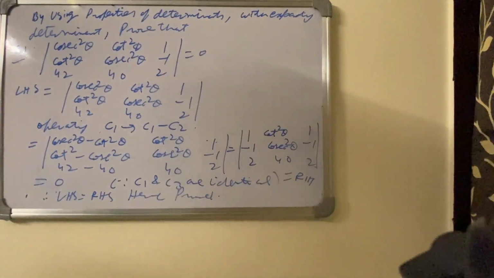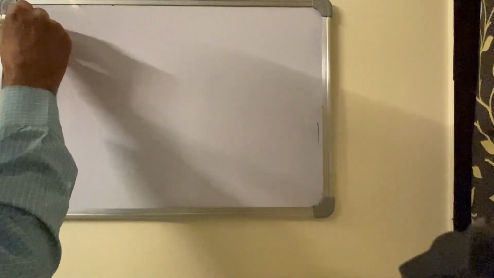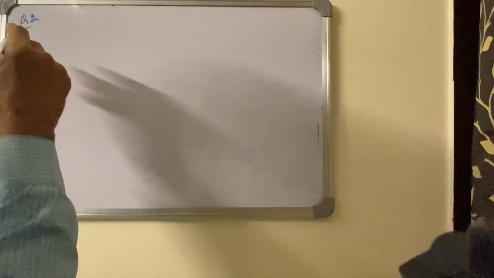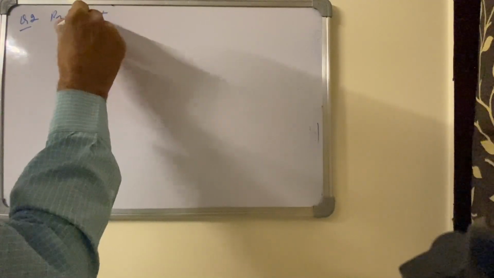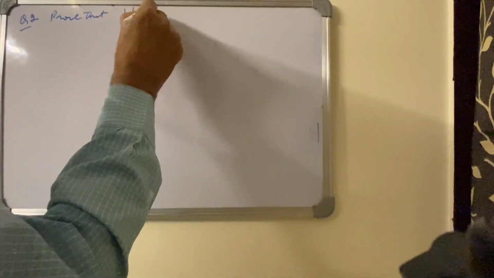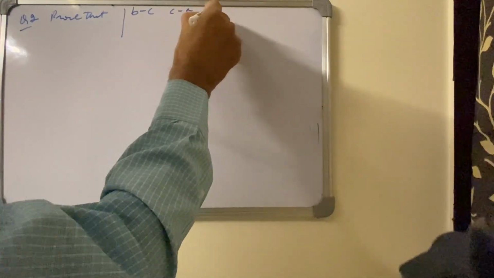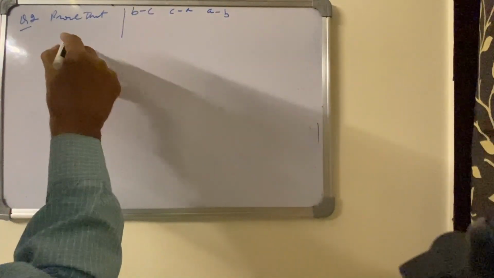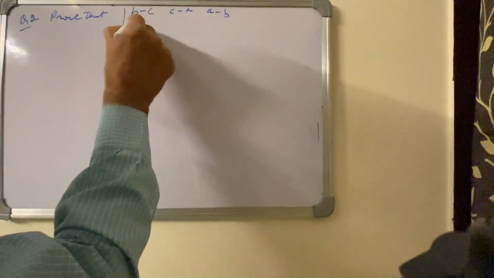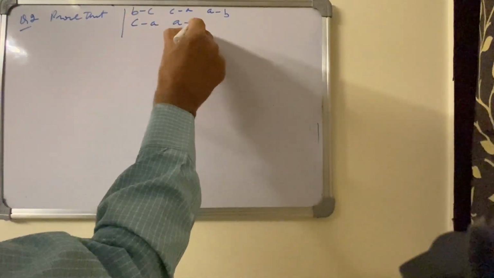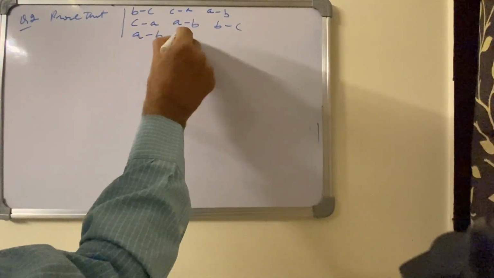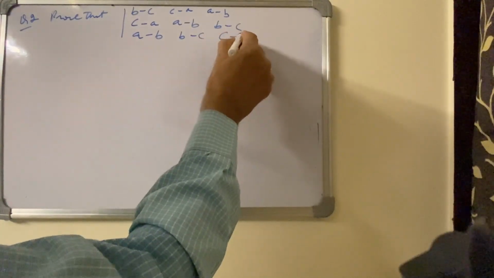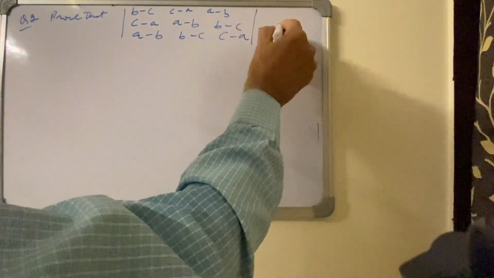The next question, second question. Prove that determinant B minus C, C minus A, A minus B, then C minus A, A minus B, B minus C, then A minus B, B minus C, C minus A is equal to 0.